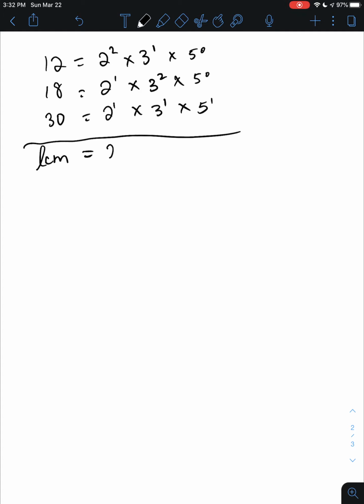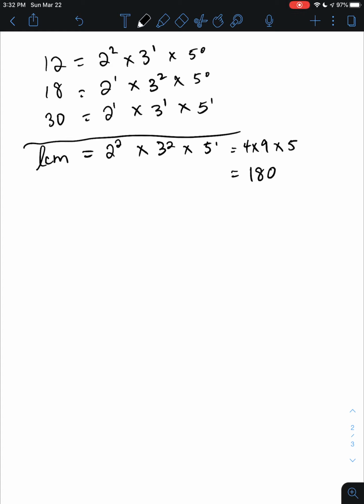Largest in the first column is 2 to the power 2, in the second column 3 to the power 2, in the third column 5 to the power 1. That is 4 times 9 times 5, and that is 36 times 5, which is 180.